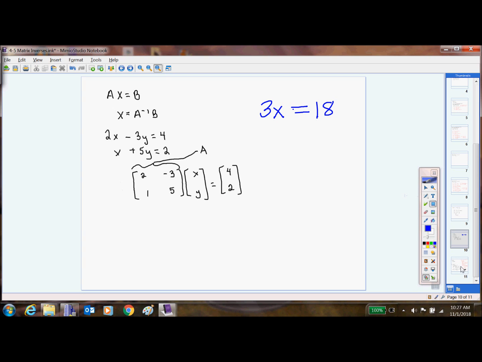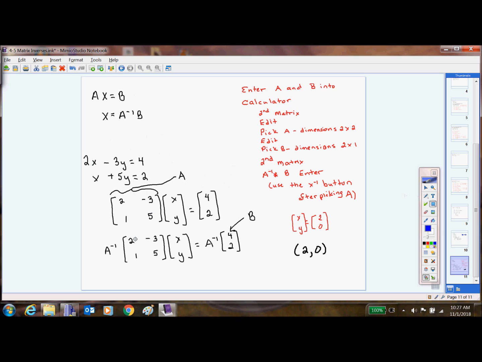What that looks like is right here. A inverse times the original matrix is going to give you that 1, 0, 0, 1 scenario. But A inverse times this is going to actually give us the answer. And we have calculator steps to do this. We want to multiply A inverse times this matrix.